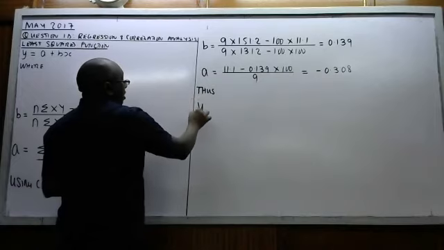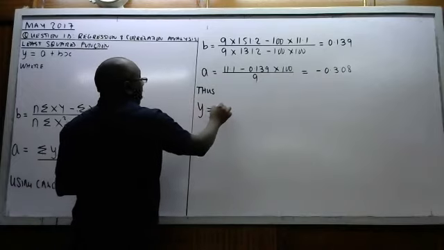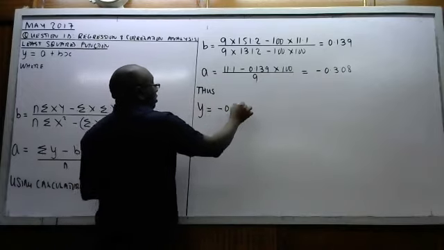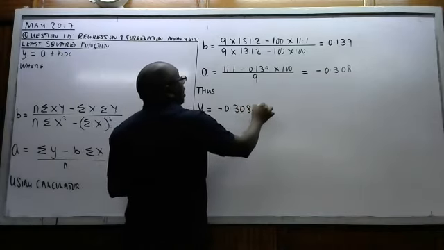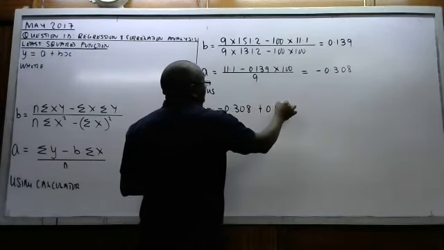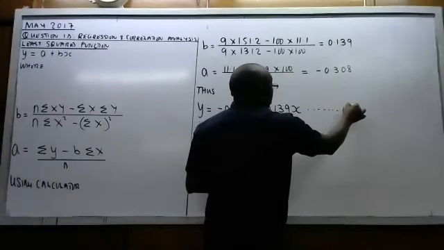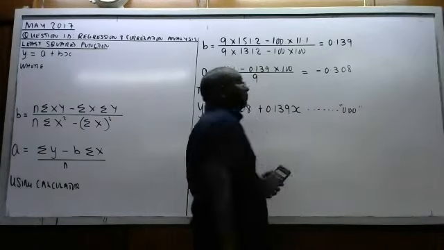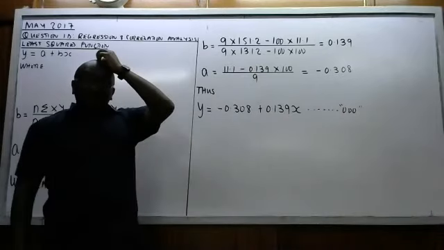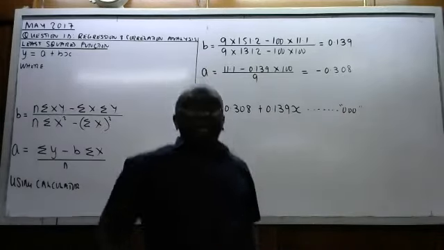Thus, y is equal to minus 0.308 plus 0.139x. And remember, the whole of this equation is in thousands. So are we agreed?